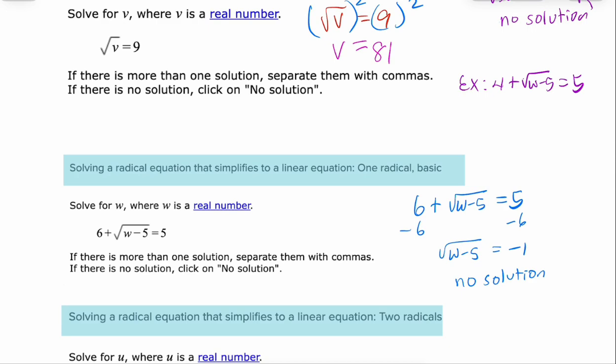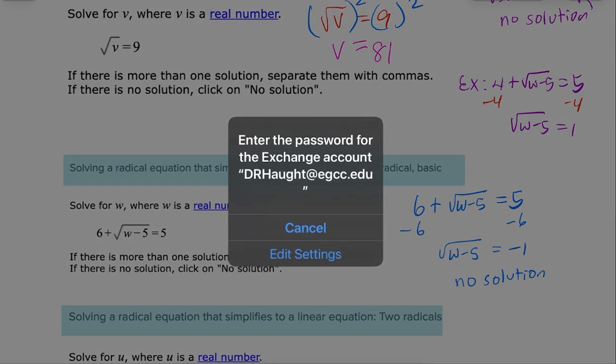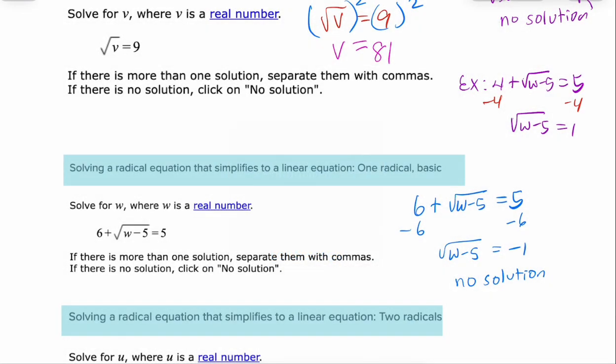Well, when we go to subtract 4 from both sides, this time we get a positive value. Since we're getting a positive value, you can proceed without any issue. Just proceed along the same path that we did for the very first problem.